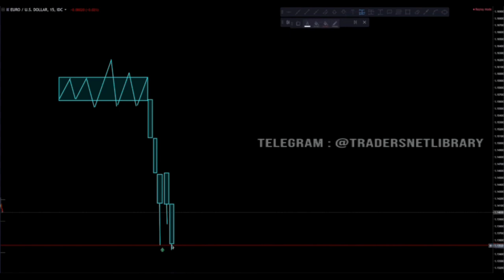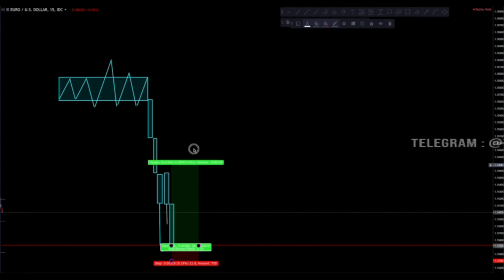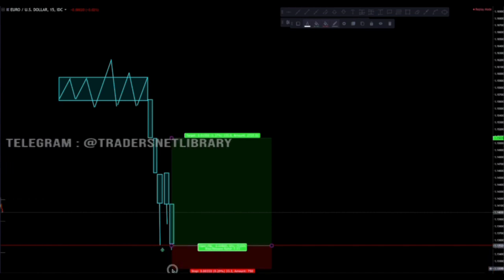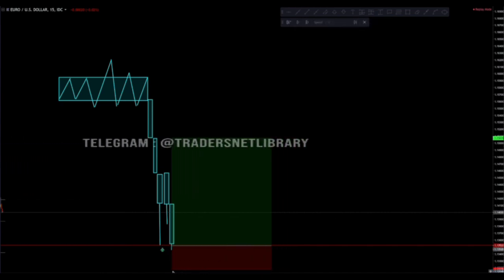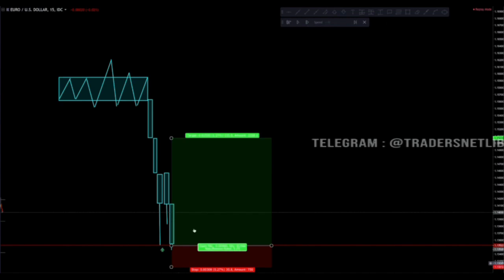And I can go long right here from the support, which is right down here. Put my stop loss about, well, I'm drawing, so it's not accurate. It says 30 pips, but my stop is usually like 10 to 20 pips.